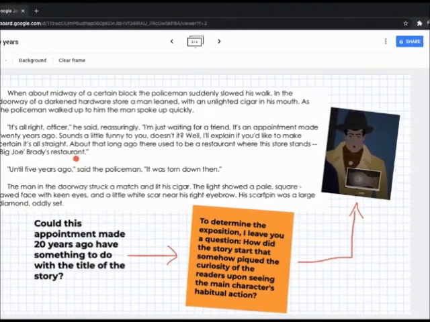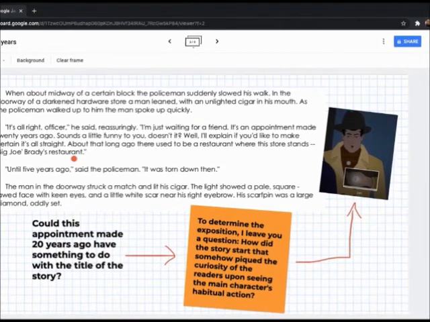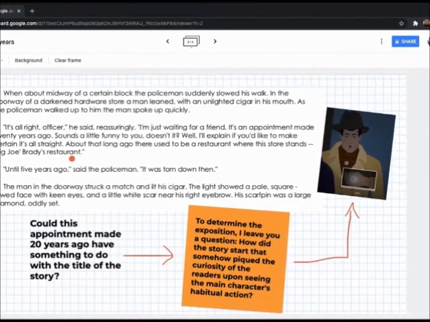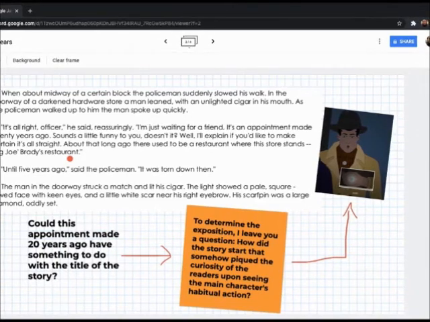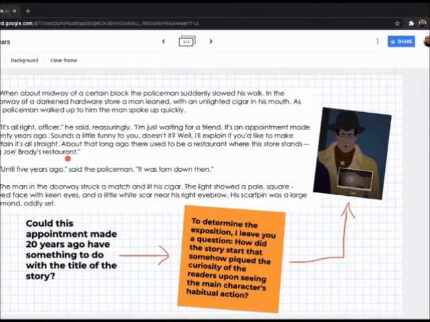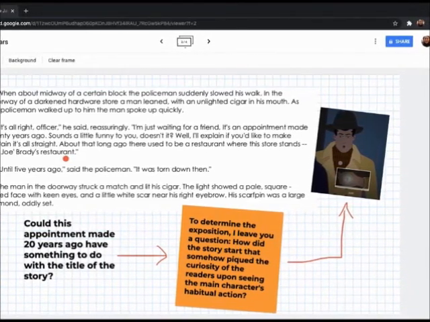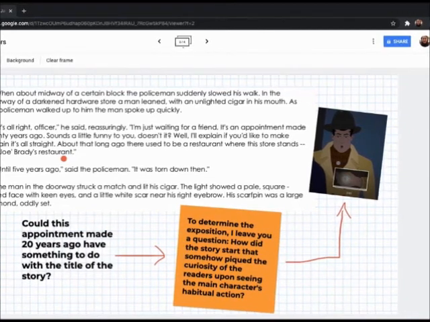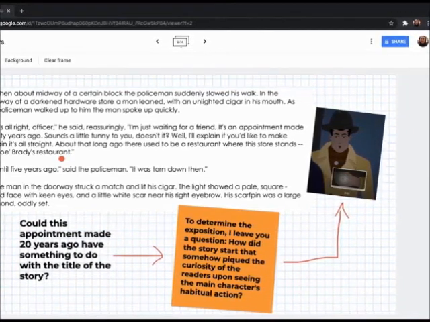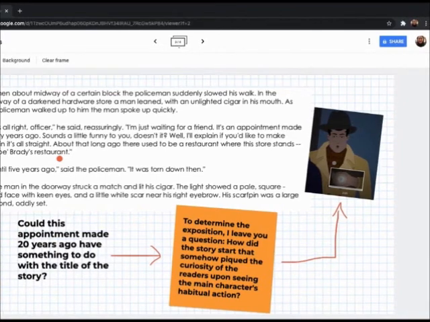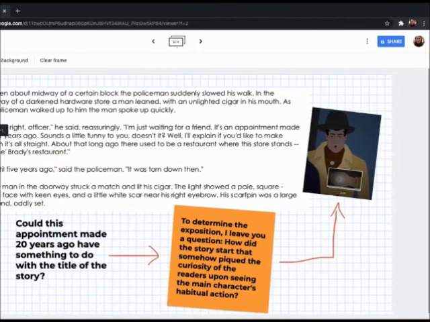Now we are approaching the exposition. To determine the exposition, which is an important element in the plot, I will leave you a question. How did the story start that somehow piqued the curiosity of the readers upon seeing the main character's habitual action?